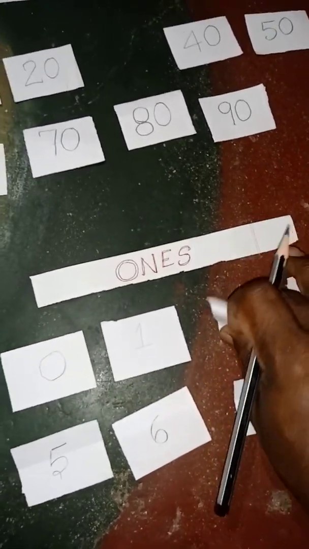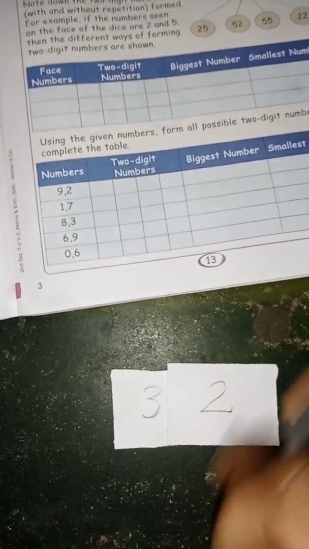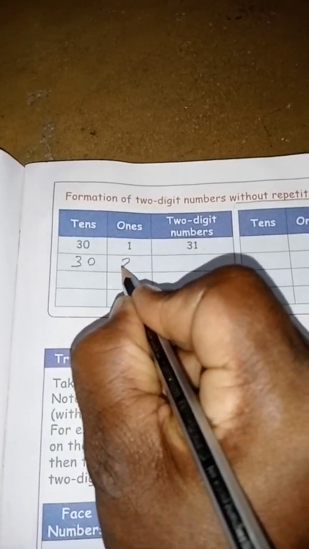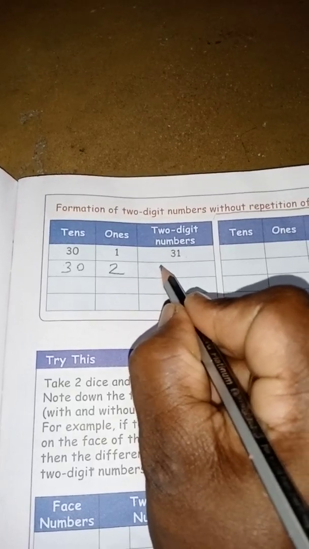So these are different numbers, ones and tens. So 30 plus 2, 32. The answer is the two digit number 32.